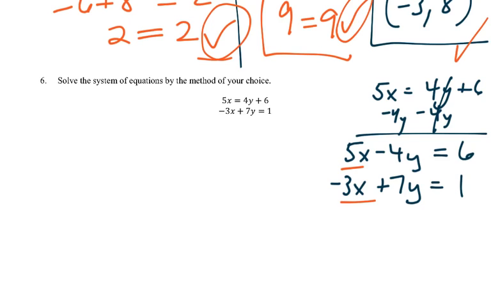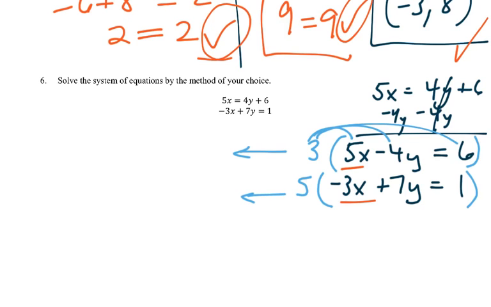So in order to get the x coefficients to be exact opposites of one another, I'm going to have to multiply the entire first equation by 3, and multiply the second equation by 5. I'm going to show my work over to the left, because this multiplies everything in the parentheses.